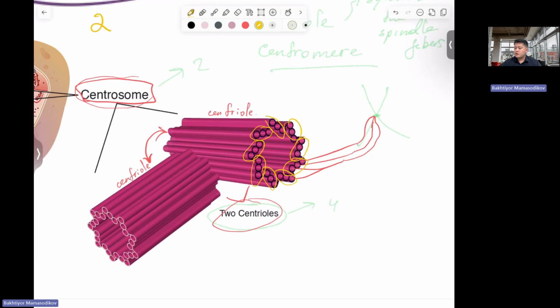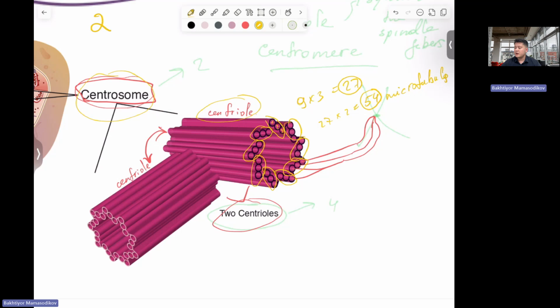This is one microtubule, 2, 3. Let's count 9 multiplied by 3, so 27 microtubules in one centriole. But in one centrosome I have 2 centrioles, so I multiply 27 by 2, and I will have 54 microtubules in one centrosome.